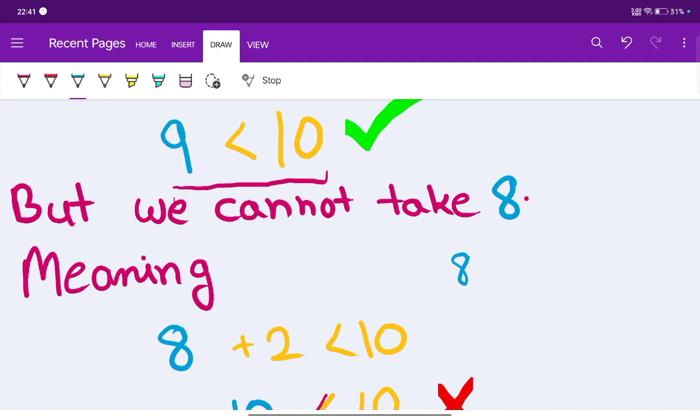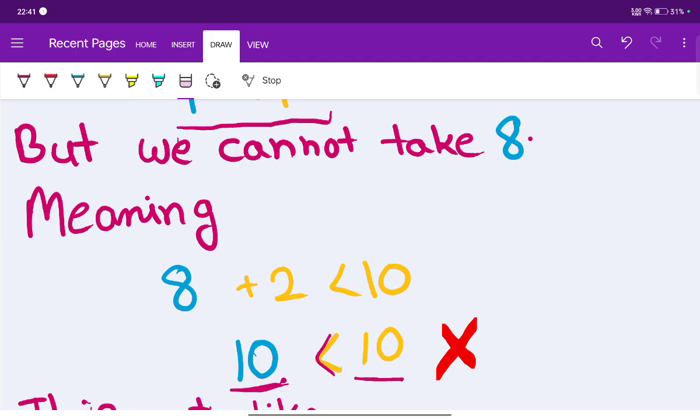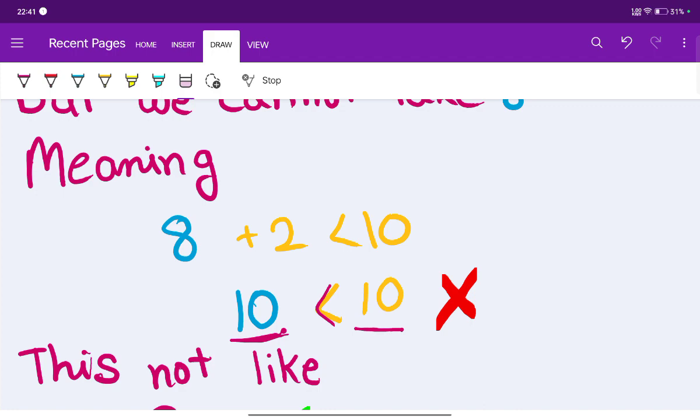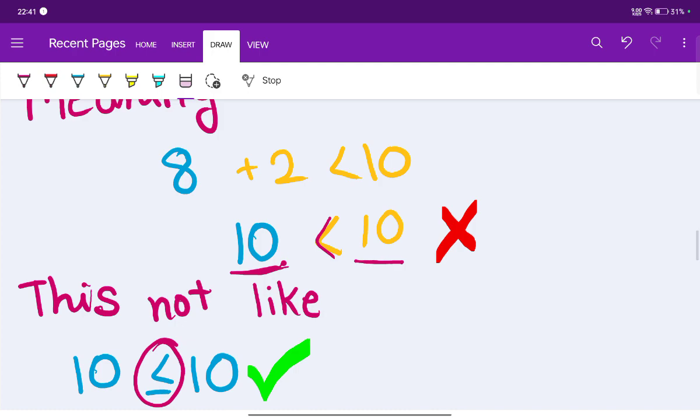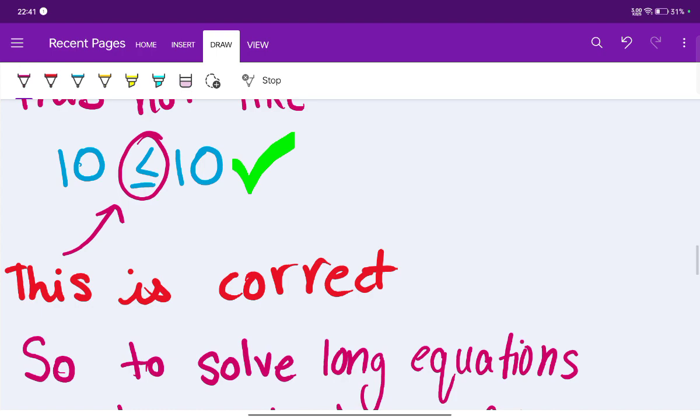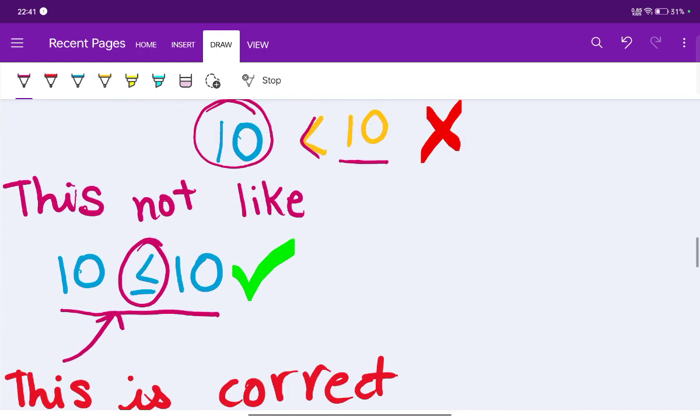It cannot even be 8.0001. So any number which is over 8 we cannot take, but we can even take 7.999, even though it rounds off to 8, because 7.999 is a correct answer, since then this expression will become correct.